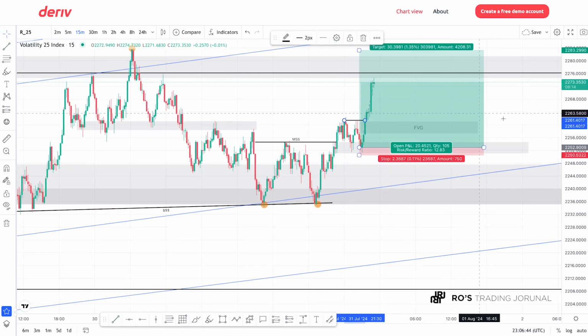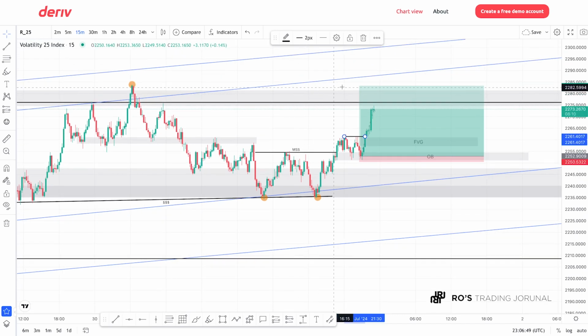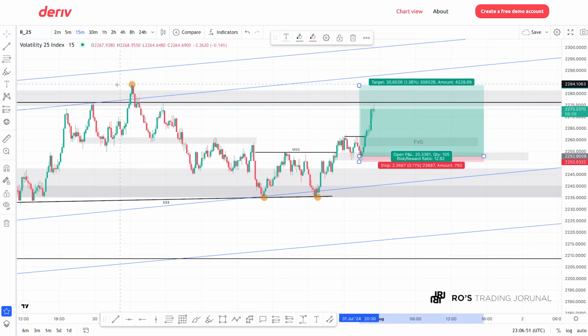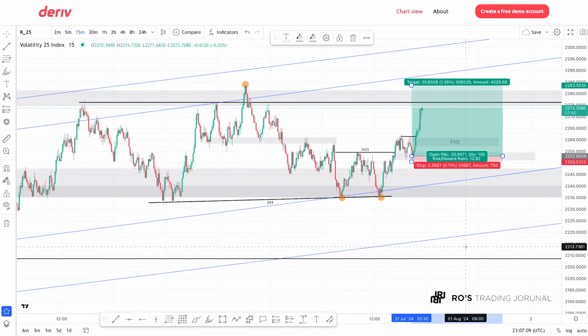That would have given me about $3 or something like that, and I also explained that targeting the swing high here would have given me about $14. Starting with $20, we're trading V25, and I think the smallest lot size is 0.5 or something like that. So that's just a quick snap.